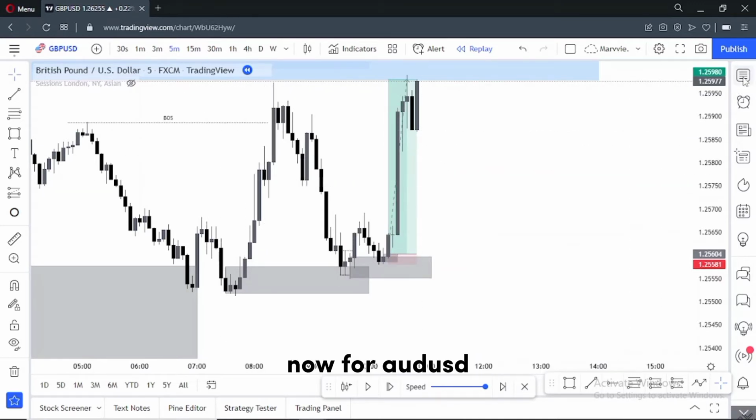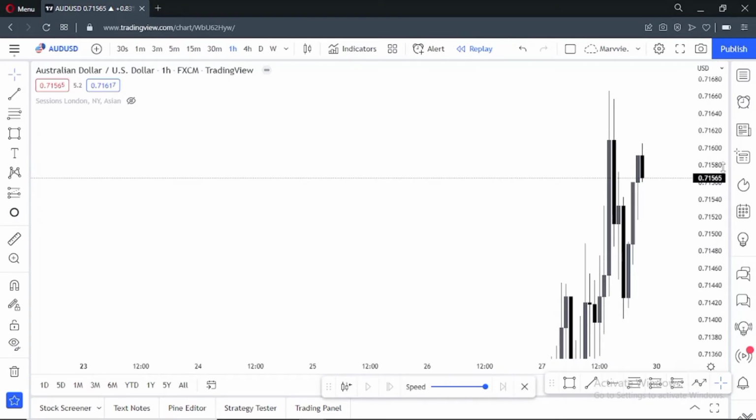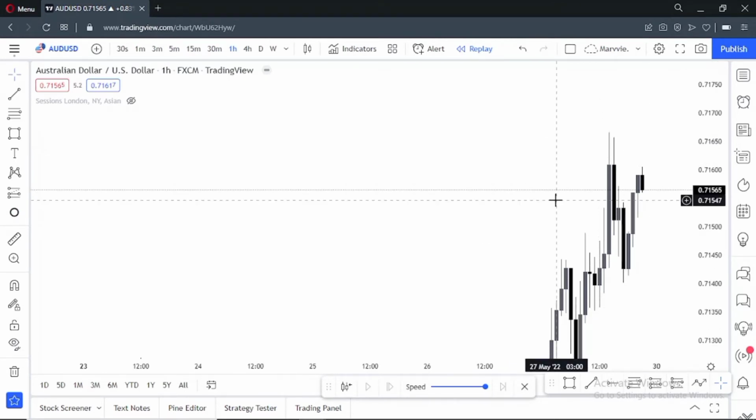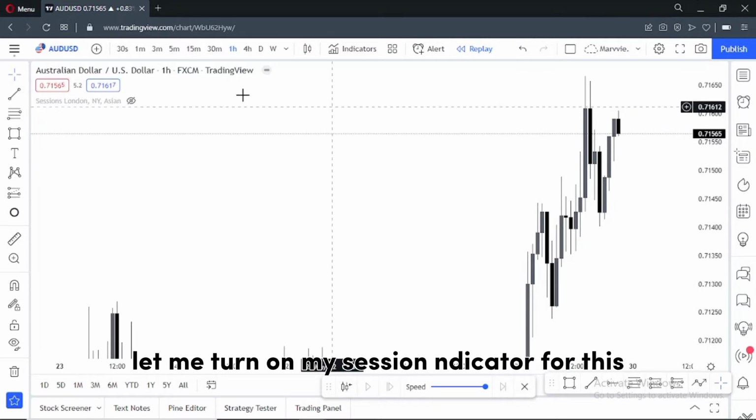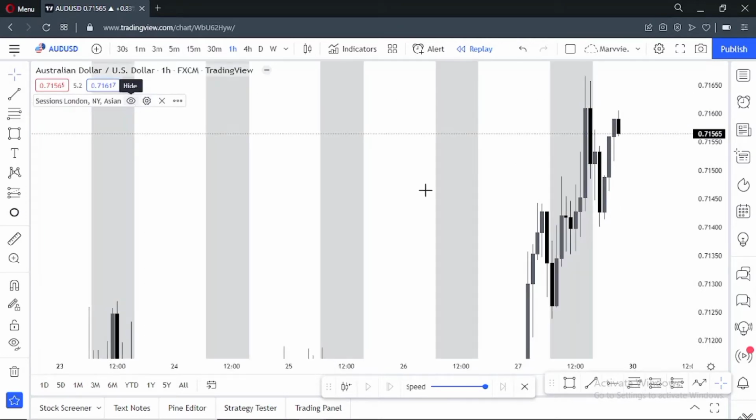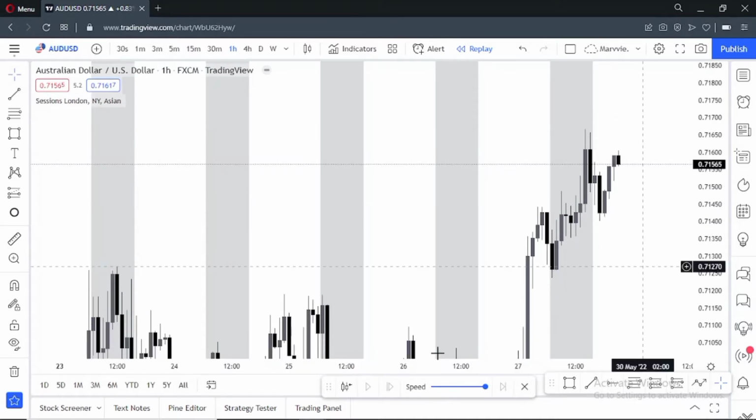Now for AUDUSD, let me turn on my session indicator for this and let me take price back in time.